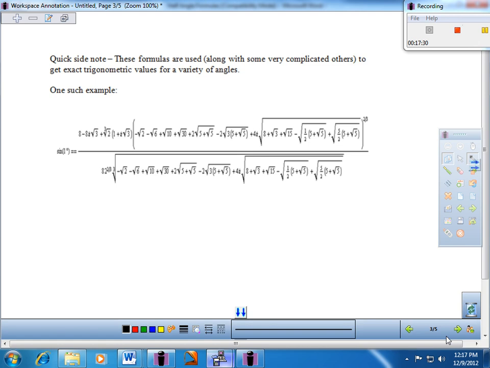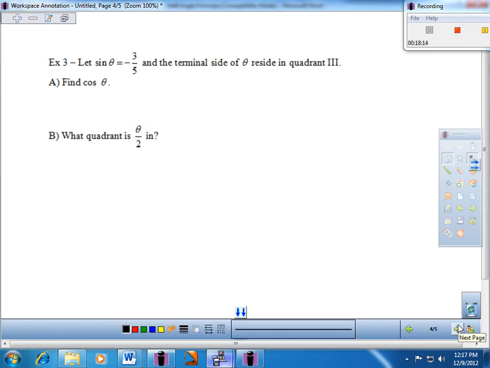It says these formulas are used along with some very complicated others to get exact trigonometric values for a variety of angles. If you go online and Google it, you can find sine of 1 degree, sine of 2 degrees, and so on. And obviously you can see they are pretty ridiculously complex. So interesting.